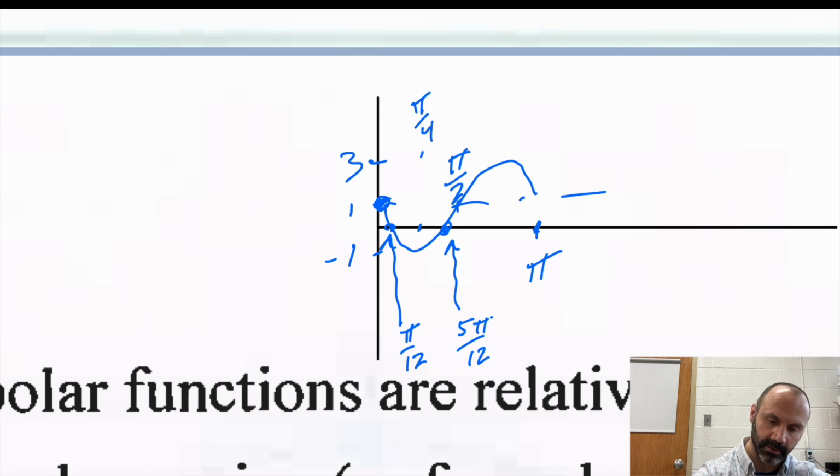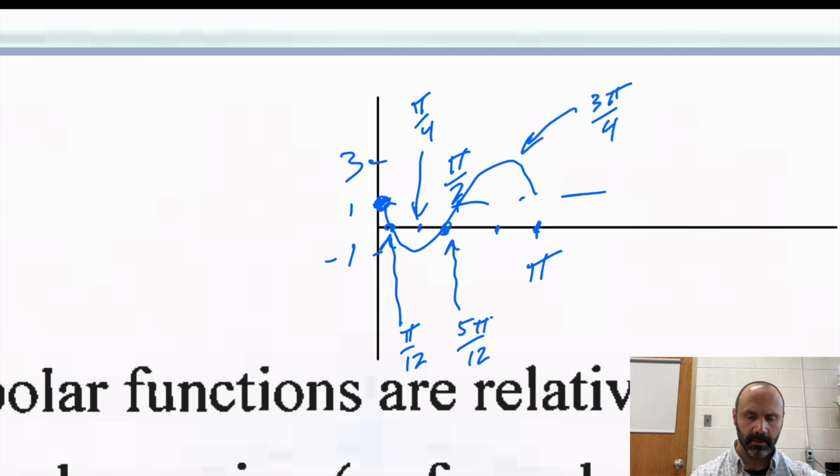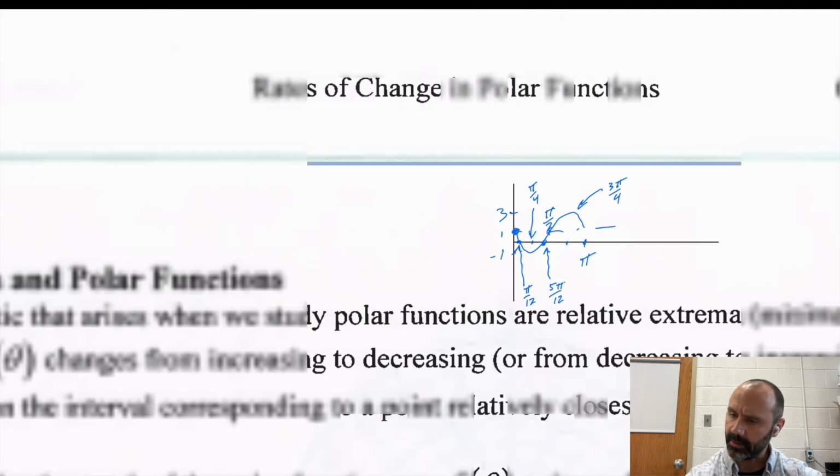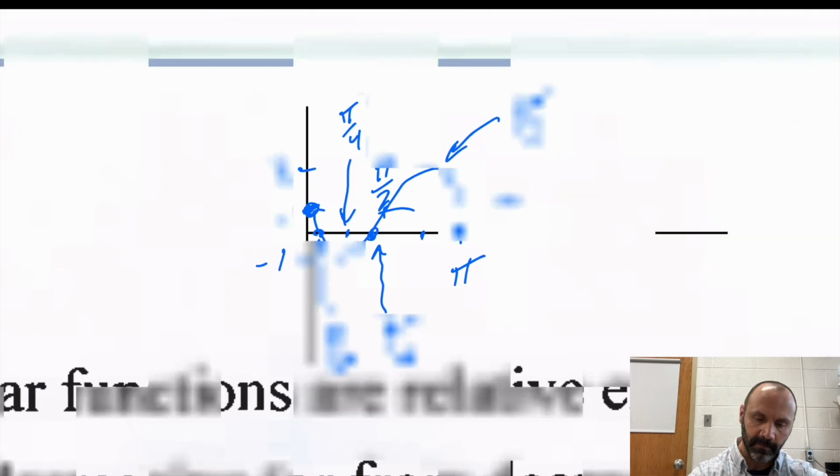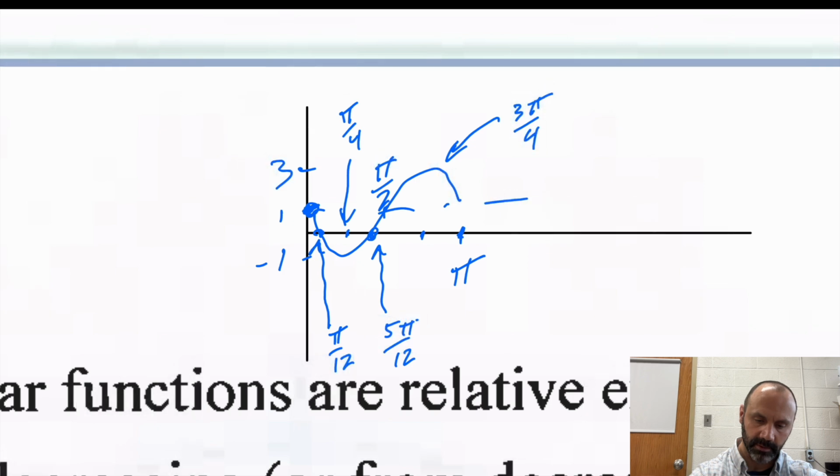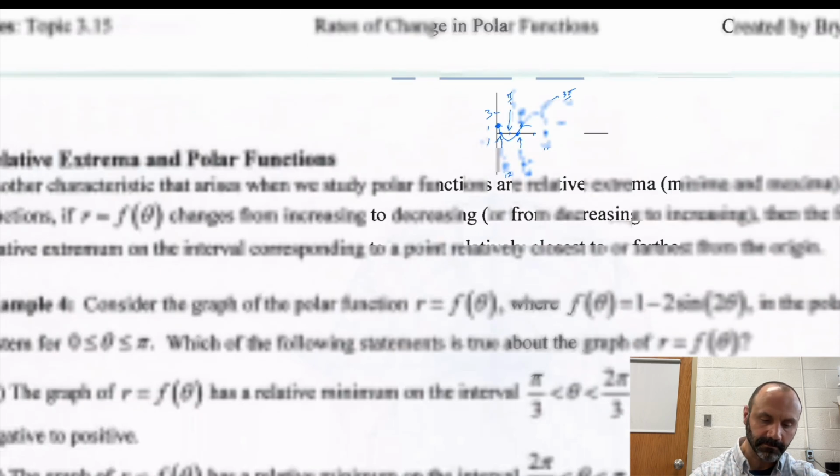So this is pi over 4. And here, this is 3 pi over 4. Pi over 3 is going to be in here. Right? And then the other one they're talking about is 2 pi over 3. That's going to be over here, before pi.